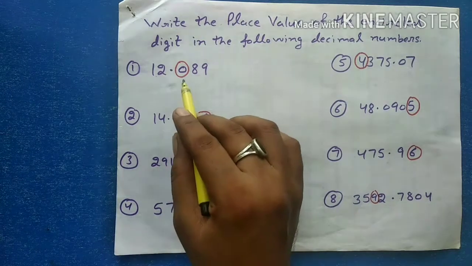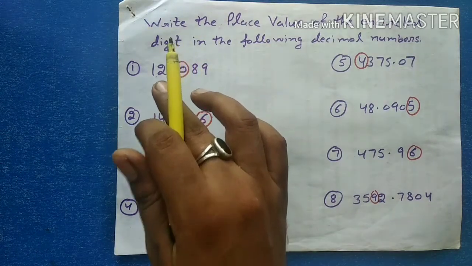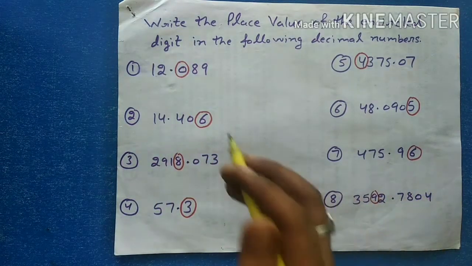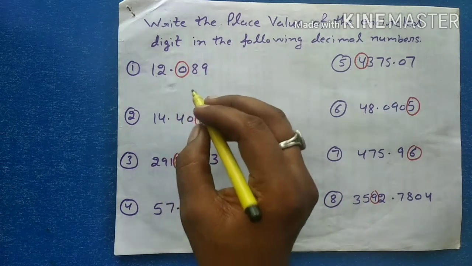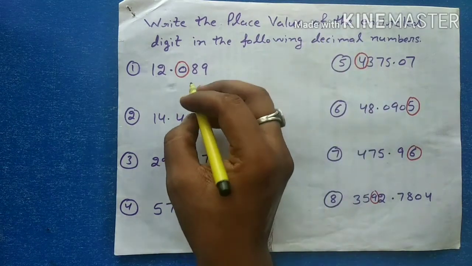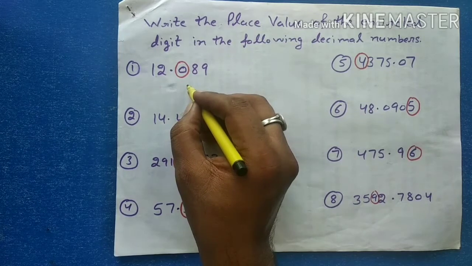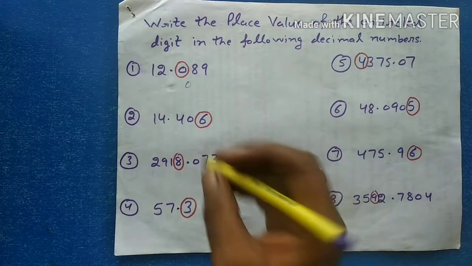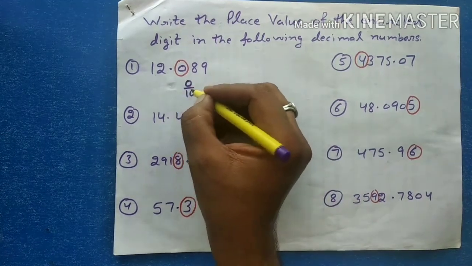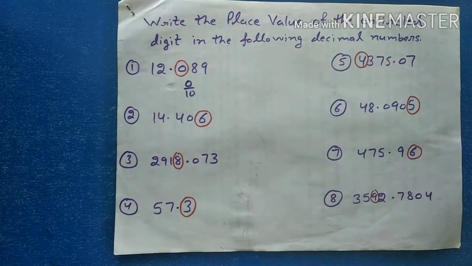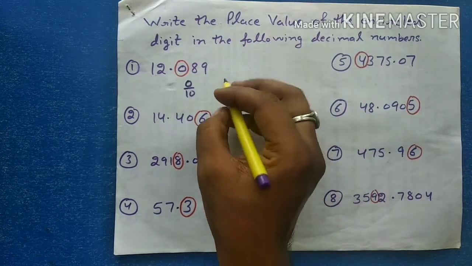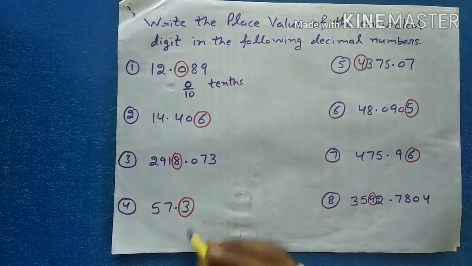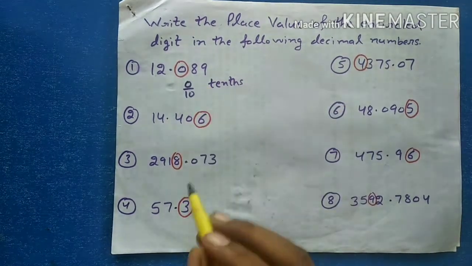It is at the first place after the decimal. So its place value is 0 over 10, which we can write as 0 tenths.